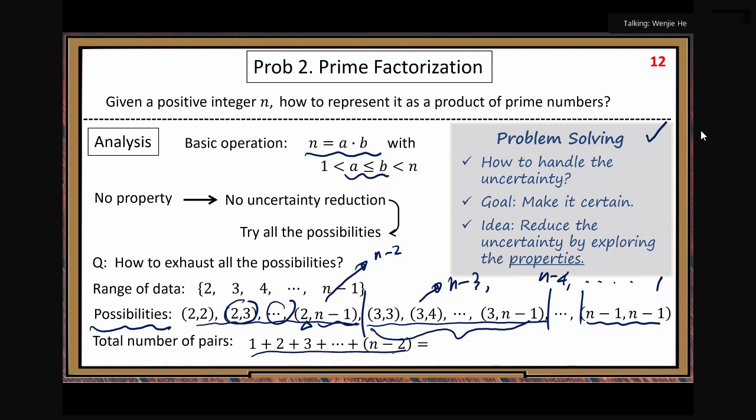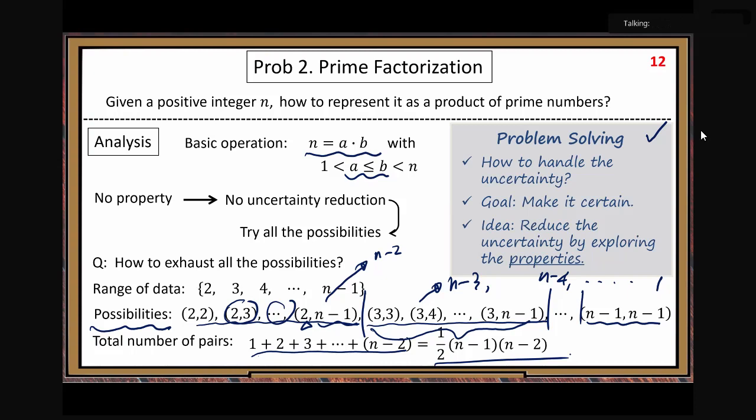1 plus the summation of the consecutive numbers from 1 through n minus 2, we apply the formula and we get this formula. That's the total number of possible pairs we need to test when we want to find the non-trivial factors for n.